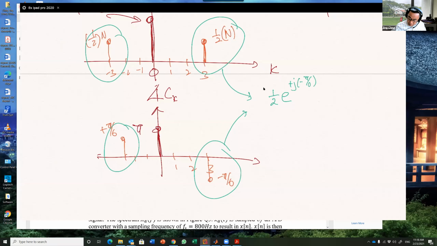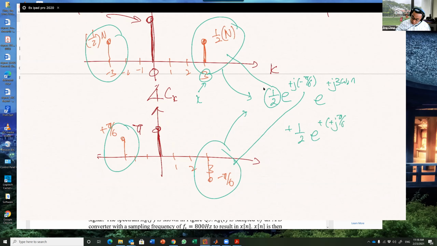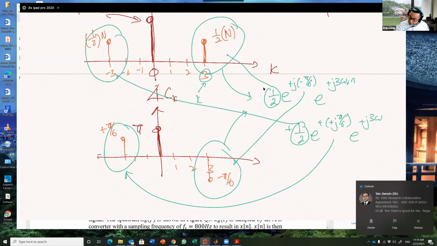This is representing this one times e^{+j}. Then here is k equals 3 omega naught n plus half e^{+j pi over 6}. This half is representing this one, e^{+j 3 omega naught n}.